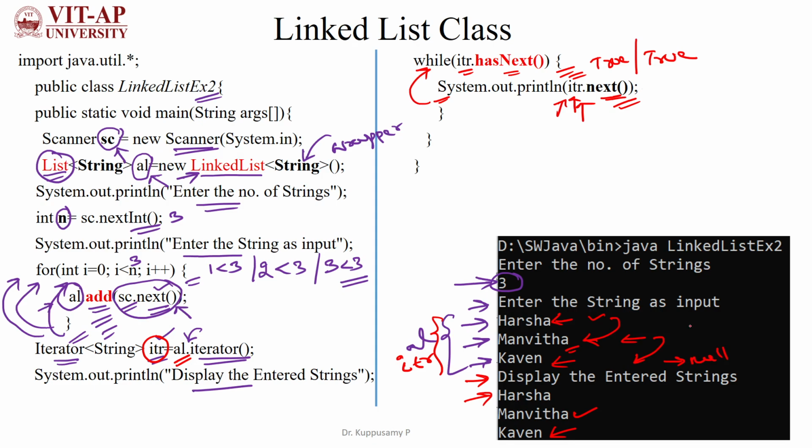So itr hasNext is now false, and it will come out of the while loop, which has no more statements, so the program is completed. Like this we can do the operations by using the LinkedList class to implement the List interface.